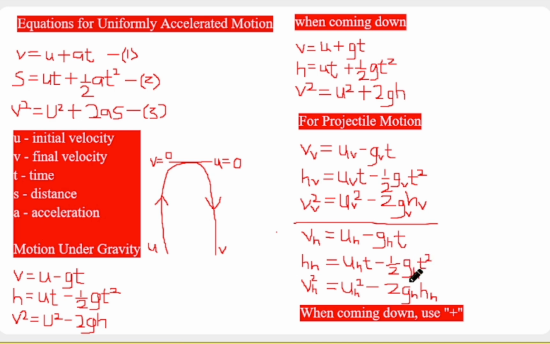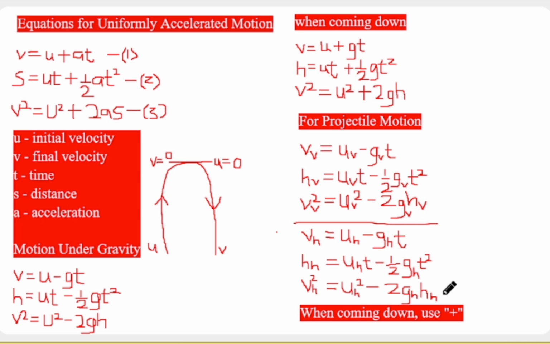Don't forget our g horizontal is 0. For the third equation, v horizontal squared is equal to u horizontal squared minus 2 g horizontal h horizontal. Those are the three equations for projectile motion. The first set is for the vertical component, when it is going up vertically, and this is the horizontal component, the one that makes it move forward.